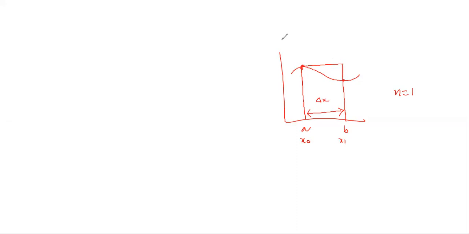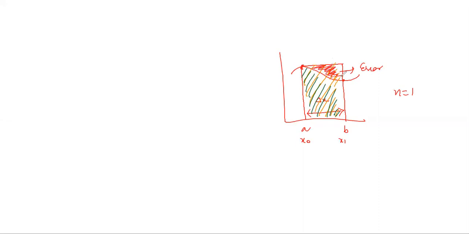The area of the rectangle will be this complete, while my actual area under the curve is just this one. So this part is the error part, the difference. So it's not a good approximation because the error is huge.